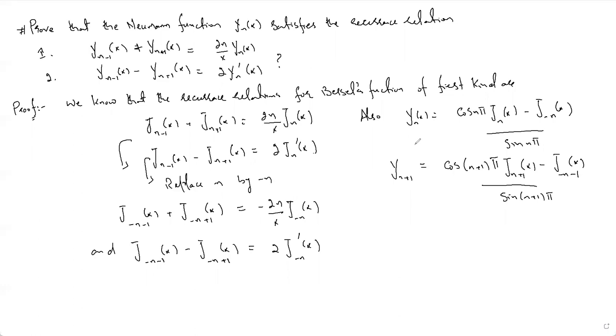Similarly, for Yn minus 1, just replace n by n minus 1: cos of n minus 1 pi, Jn minus 1 of x minus J minus n plus 1, divided by sine of n minus 1 into pi.